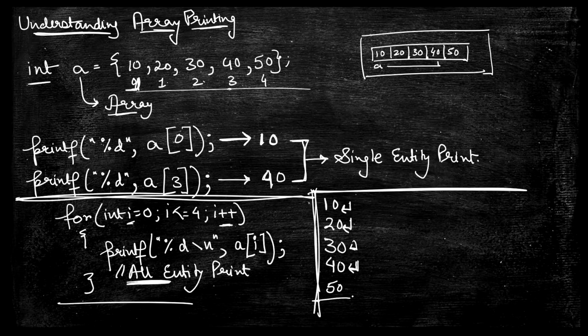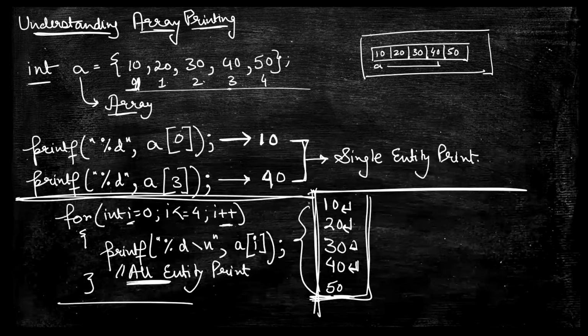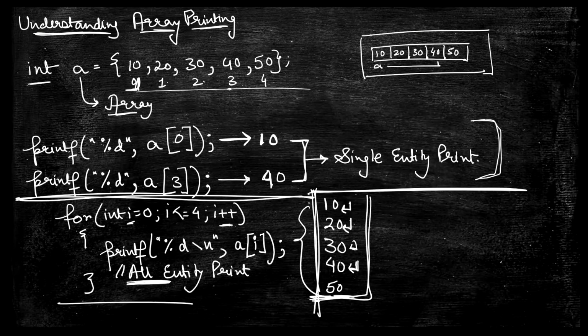So what is this code doing? This code is printing all together all the values stored in that array as output. Clear? So this is how you print using loops in an array, and we also learned how we print single entities manually. This is by the help of a loop, and this is manual.